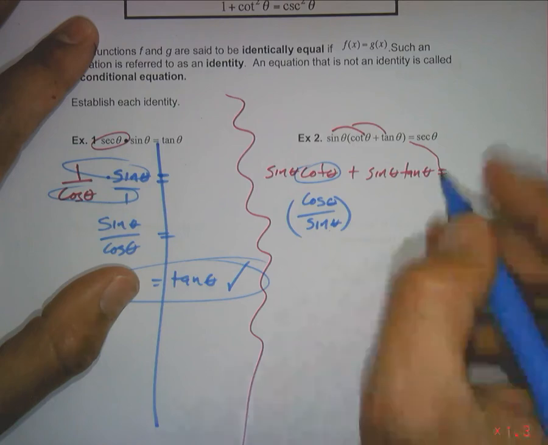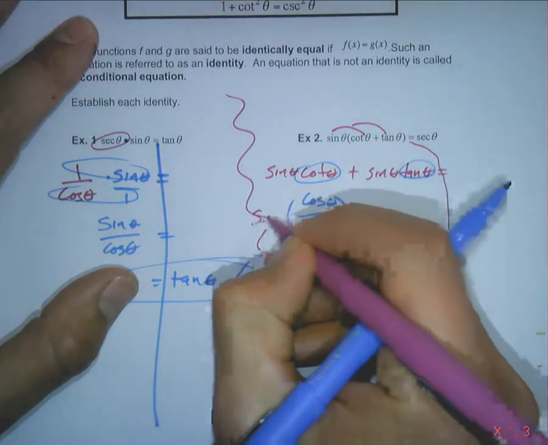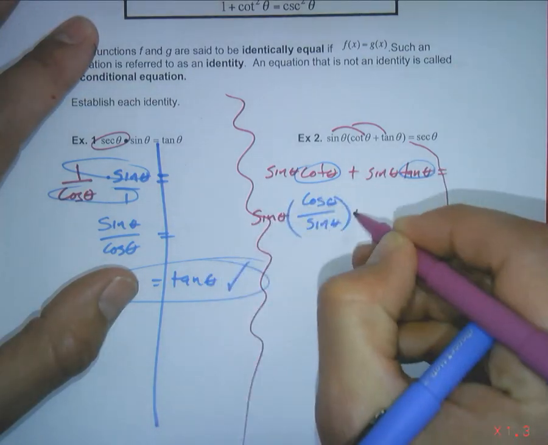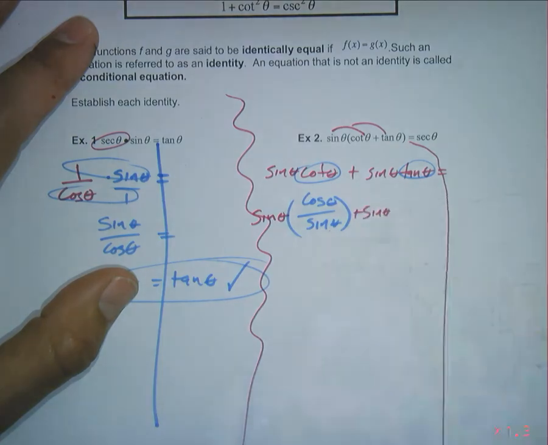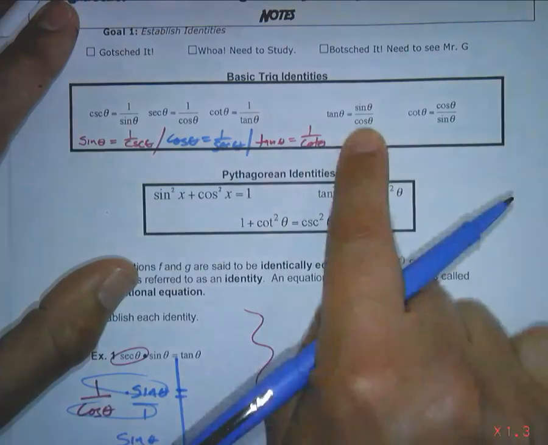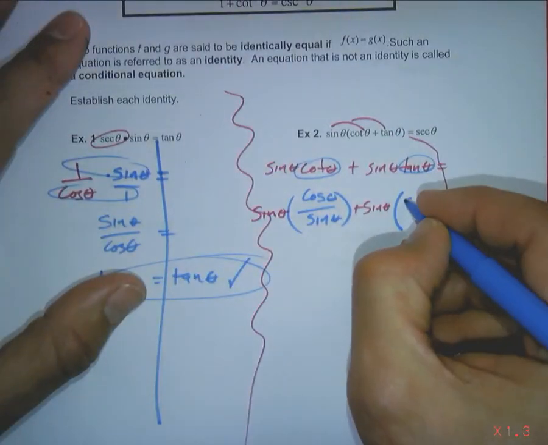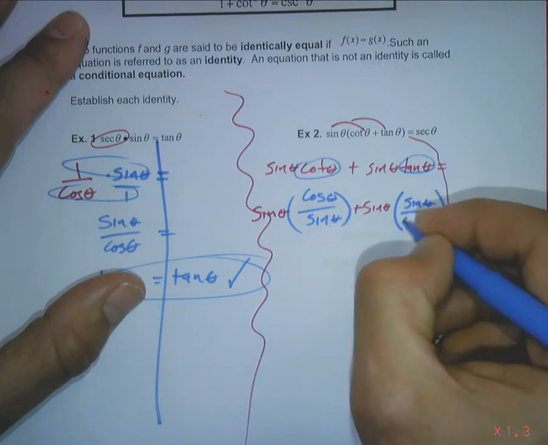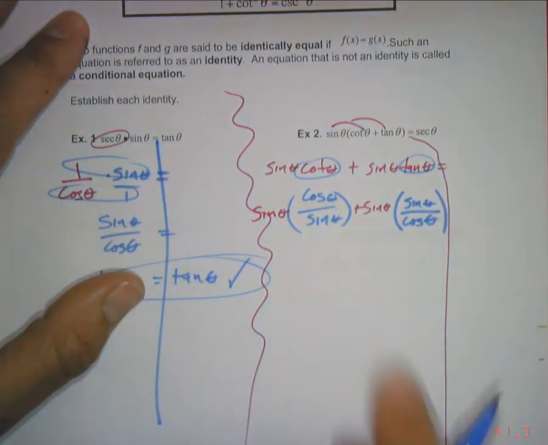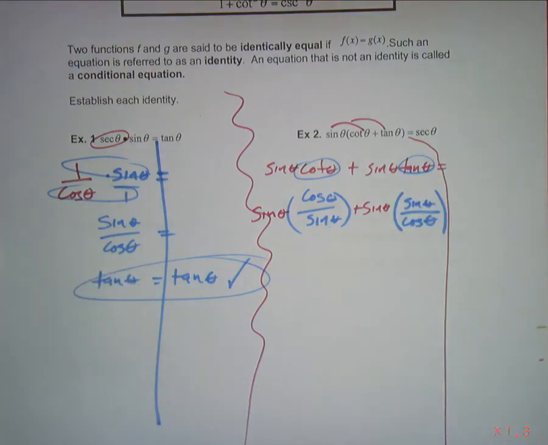And then what about tangent? What's tangent? Tangent's what? Sine over cosine? You guys okay with that? All right, so I just changed cotangent to cosine over sine and tangent to sine over cosine.